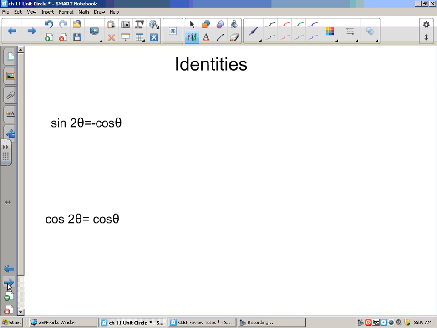And so we just discovered that sine 2 theta is 2 sine theta cosine theta. And so what we're going to do is use that information to see what we can find out based on that. Sometimes they're going to say, prove that this is true. And other times they're going to say, hey, if this is true, what can we find out? And that's the case here.